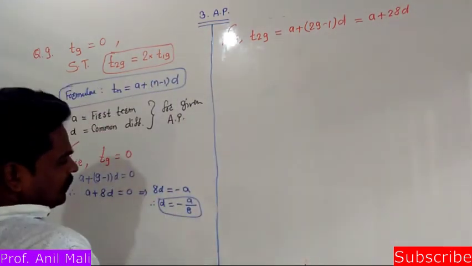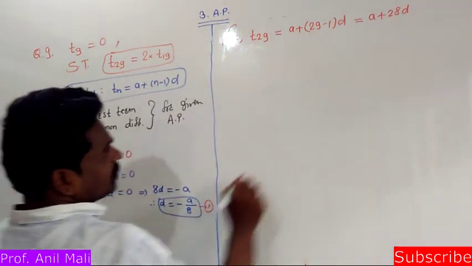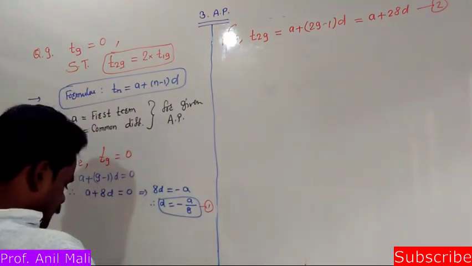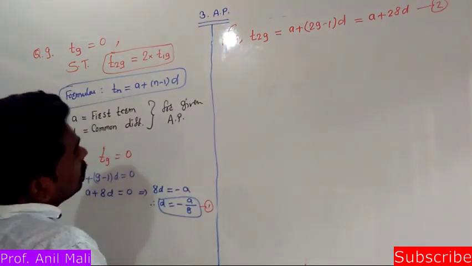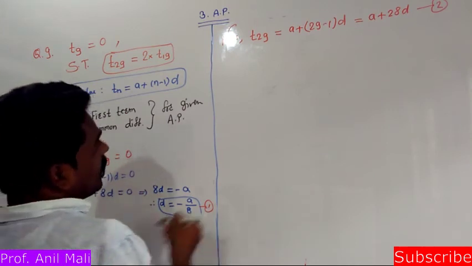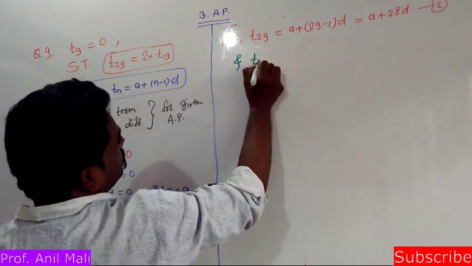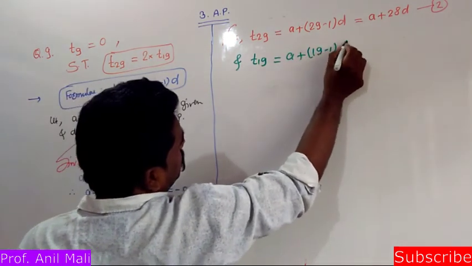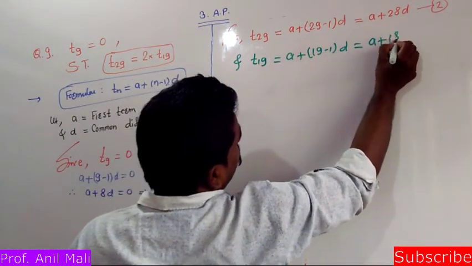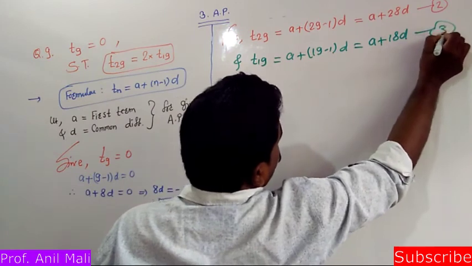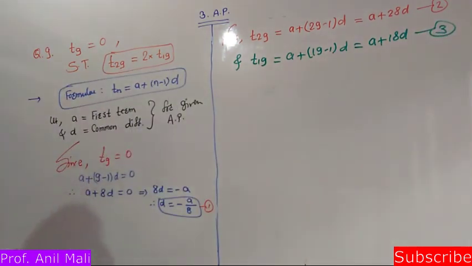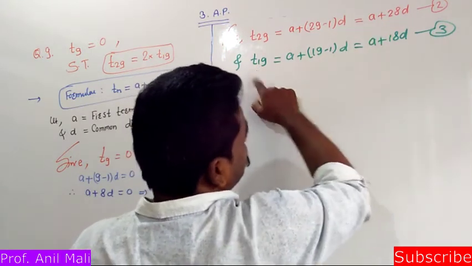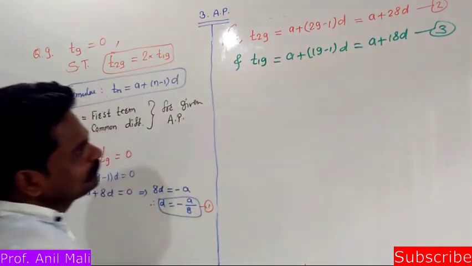This is equation 1. And the 19th term is A plus 19 minus 1 into D, which is A plus 18D. This is equation 2. So the 29th term is A plus 28D, and the 19th term is A plus 18D.